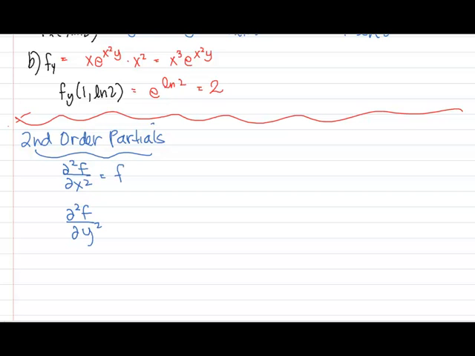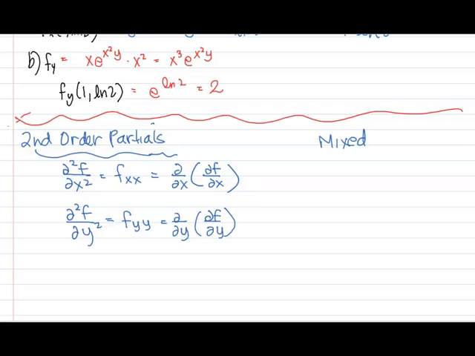And our notation here is going to be f sub xx and f sub yy, because this is the derivative with respect to x of df/dx, and also the derivative with respect to y of df/dy. Now these are called the second order partials, and we also have what are called the mixed order partials.